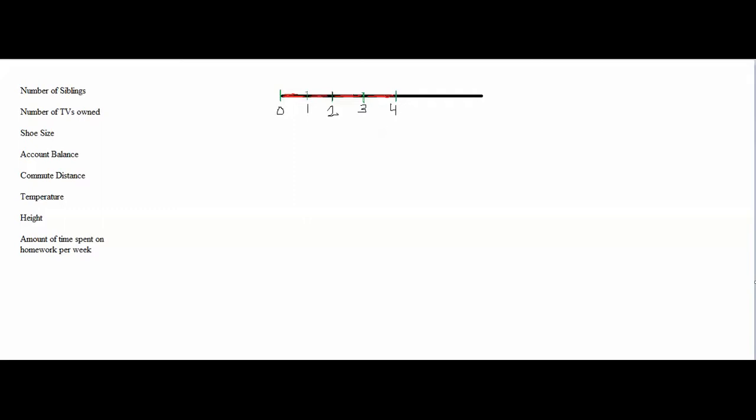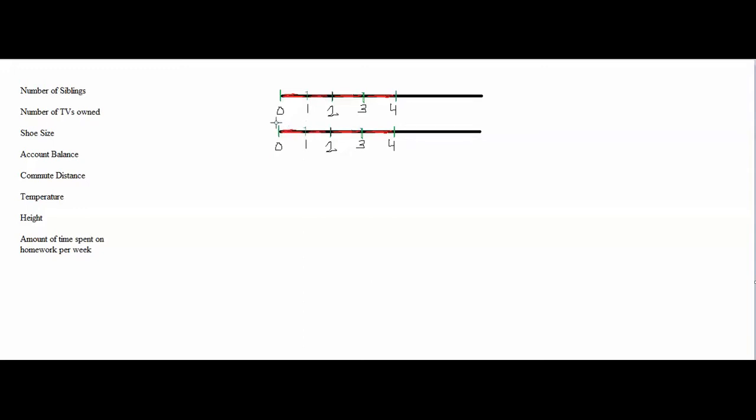Number of TVs works the same way. I could just copy and paste this for number of TVs. A person can have 0, 1, 2, or 3, or 4 TVs. So a person can have a value here. A person can have 0 TVs. A person can have a value here because a person can have 1 TV.